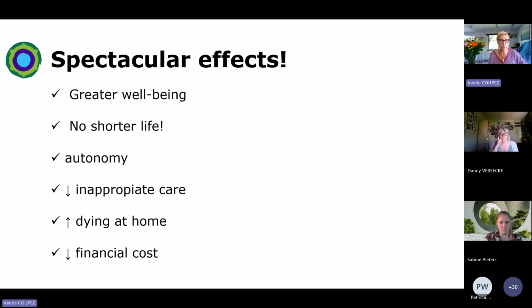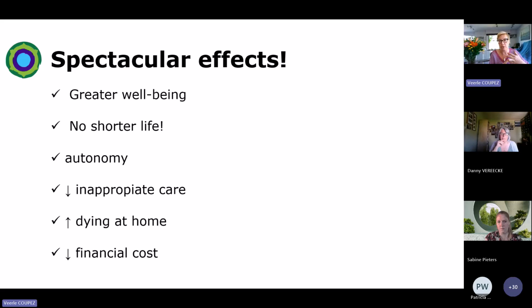Finally, there's a lower financial cost, not only for the person and the family itself, but also for the broader government cost. So overall, there are no downsides to palliative care. It's better for the patients, it's better for the family. We also see that for palliative care teams, there is less emotional distress, less moral distress.